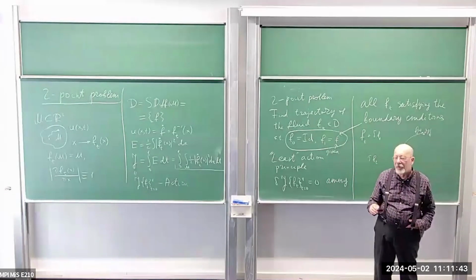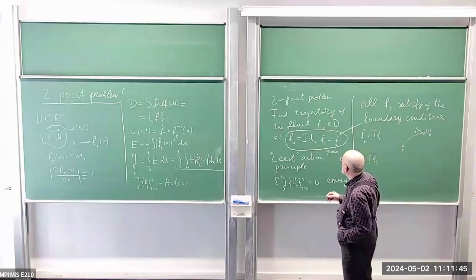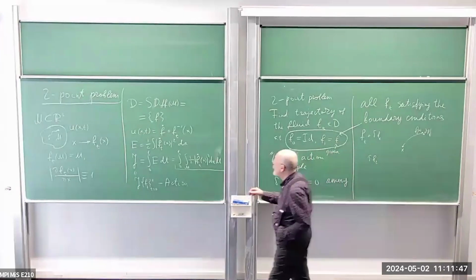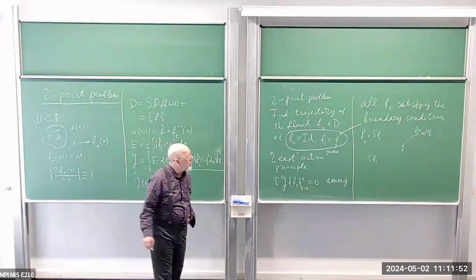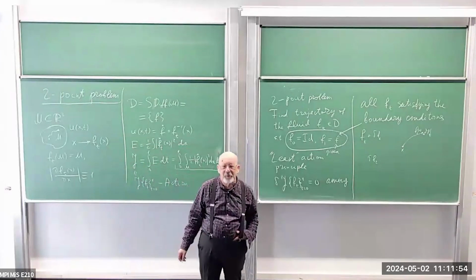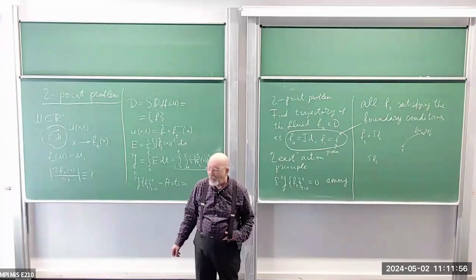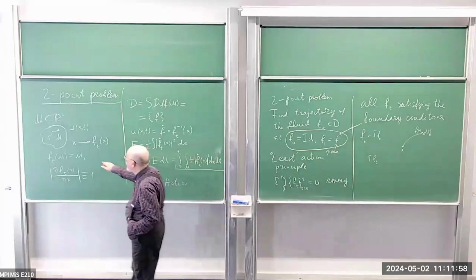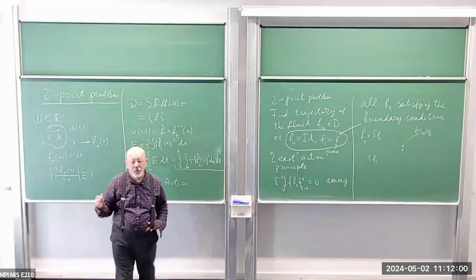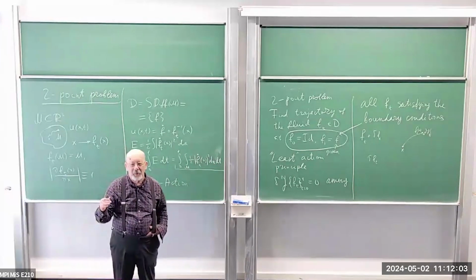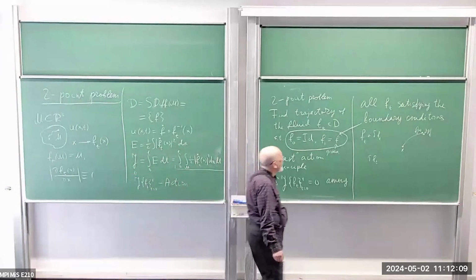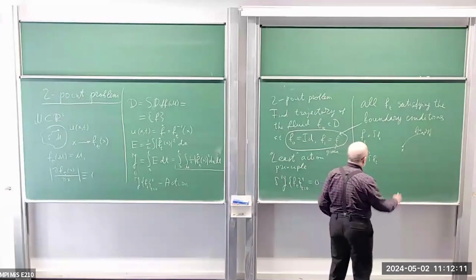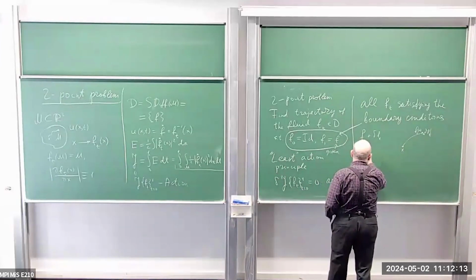It should preserve this condition. Yes, this means that its divergence is 0. And to preserve this condition, it should be tangent to the boundary on the boundary. So this is delta f_t.